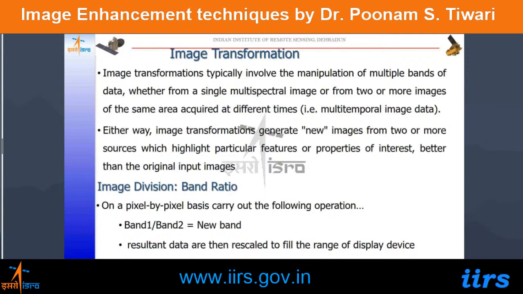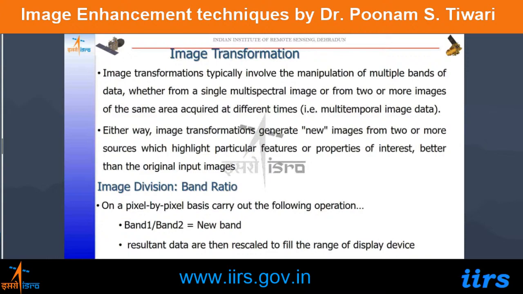Image transformations typically involve manipulation of multiple bands of data, whether from a single multispectral image or from two or more images of the same area acquired at different times. So either way, image transformations generate new images from two or more sources, and this highlights particular features or properties better than the original input images.